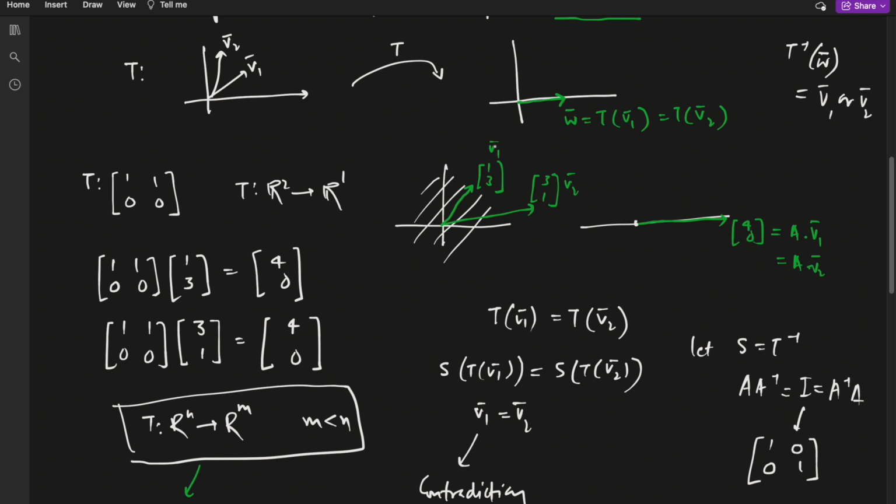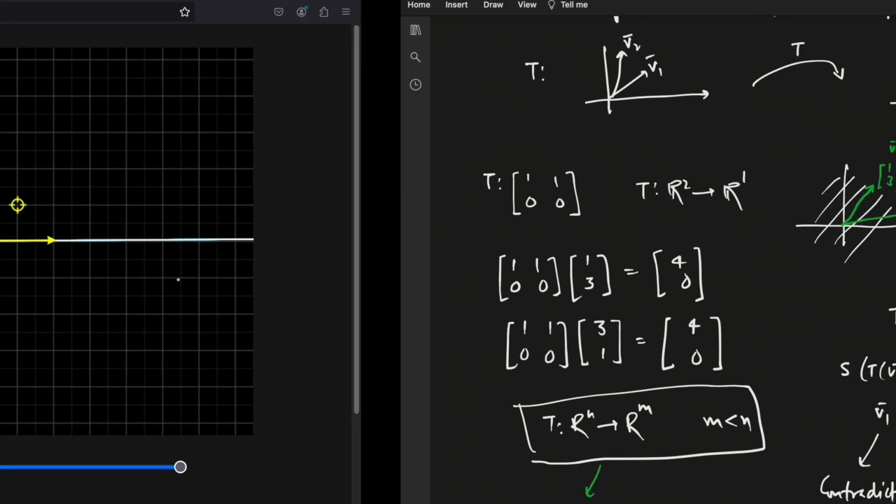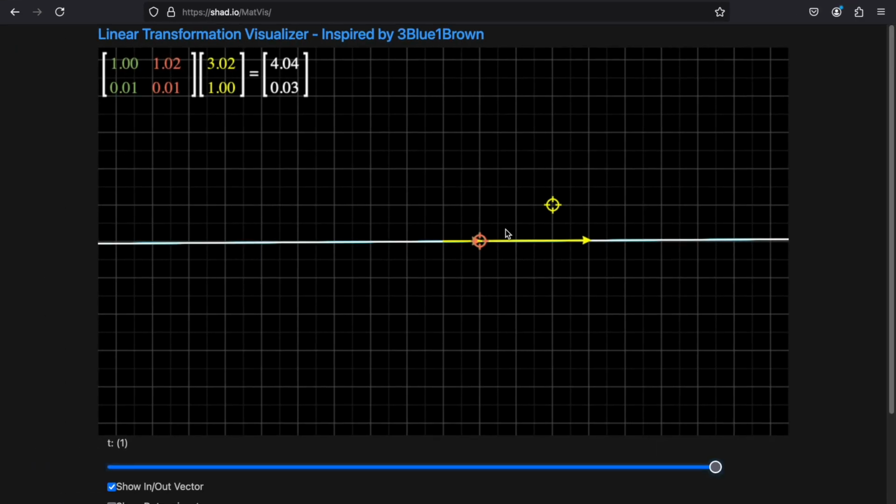It's not just that these two, v1 and v2, are getting mapped to 4 comma 0, but an entire line of vectors will be mapped to 4 comma 0. Because it's not one to one, it's a many to one function. You are mapping many vectors to the same output vector, so there is no way to go back. You cannot get the original vector back. And we have seen that using this example right here.